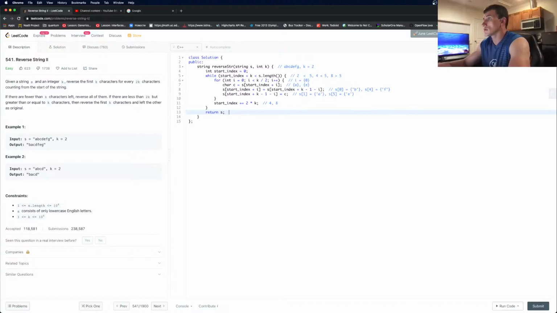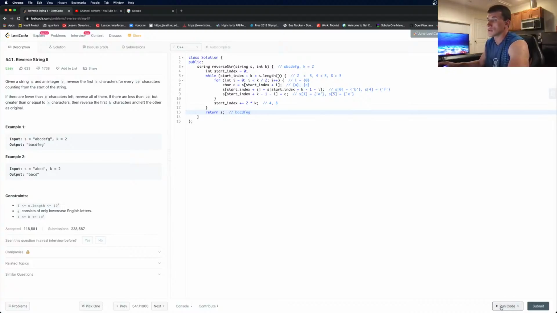So, we initially swap B and A, so it's BA, then we don't touch the CD because it's 2 and 3 in this, so the fourth is now F, the fifth is E, and the remainder of the string is G, so BA, CD, FEG, all right, so it should work.